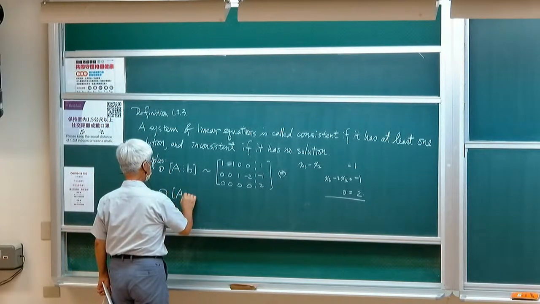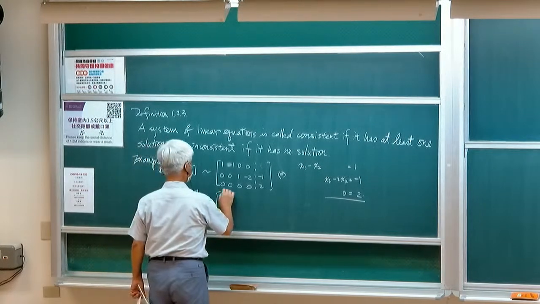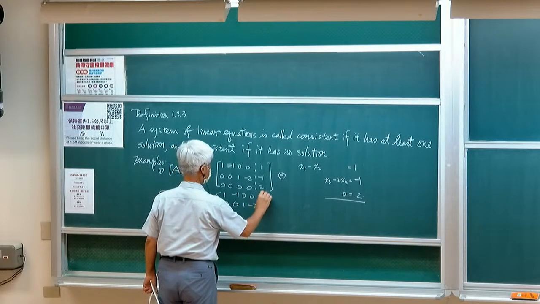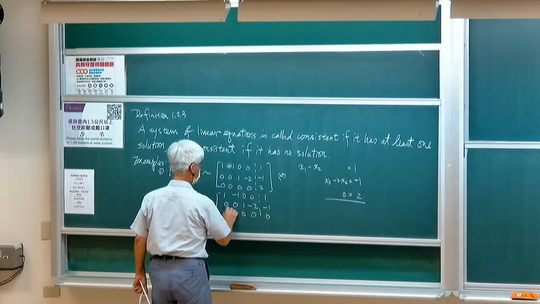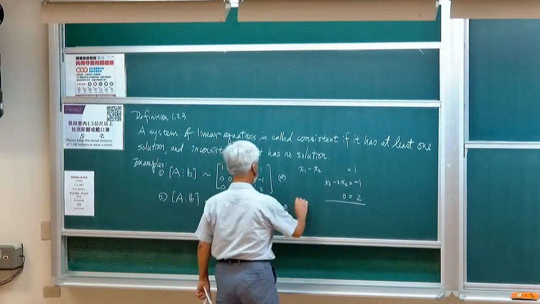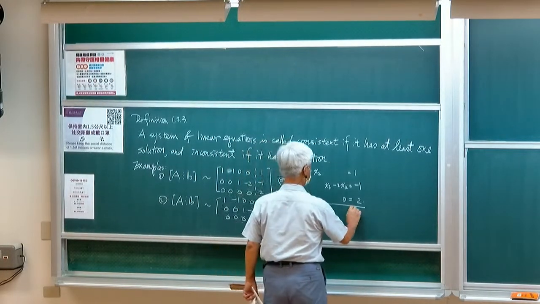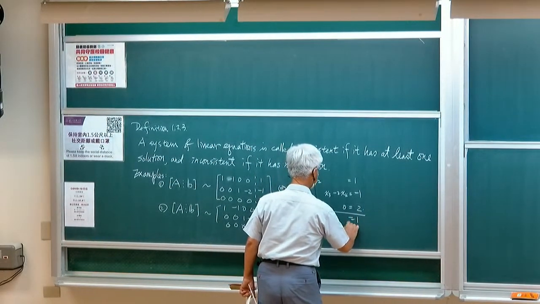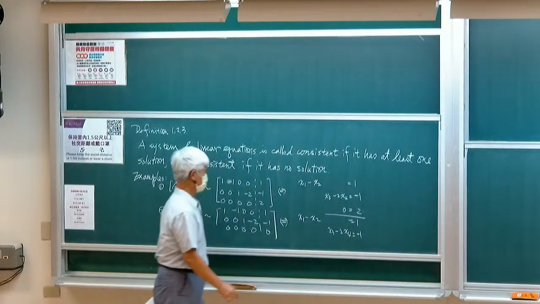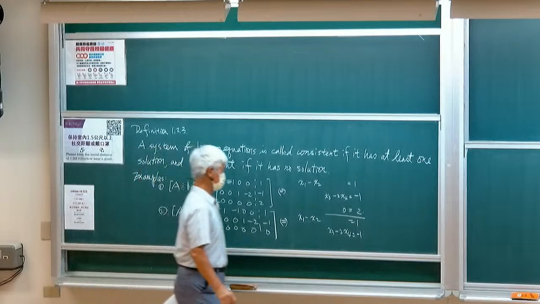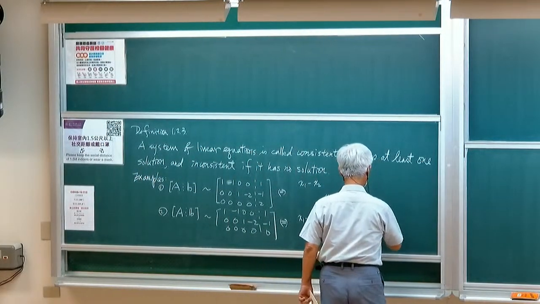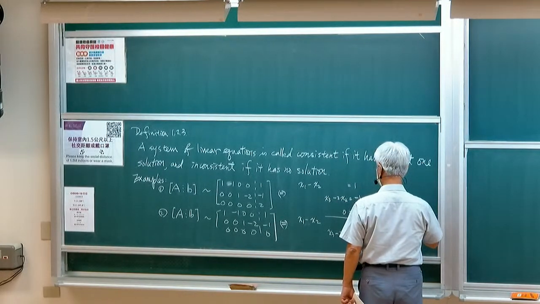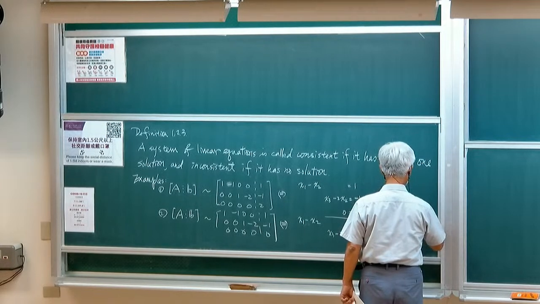The other way is that suppose we have this, then you may select x2 equal to 0, x4 equal to 0.